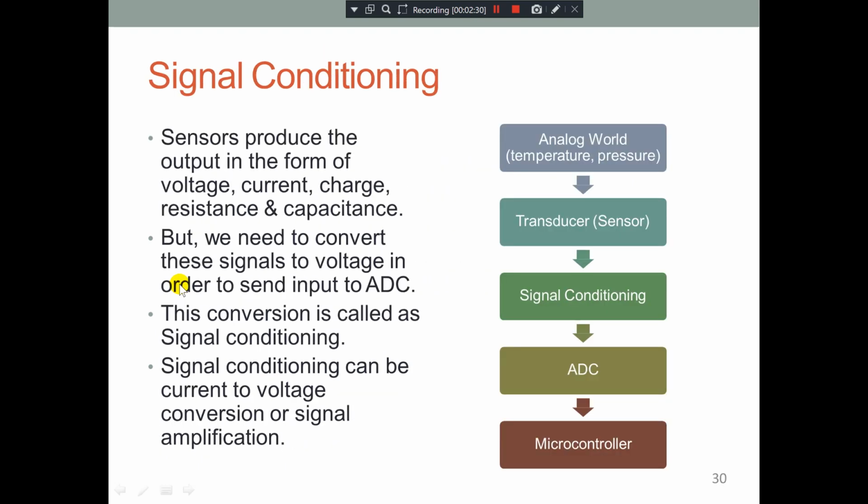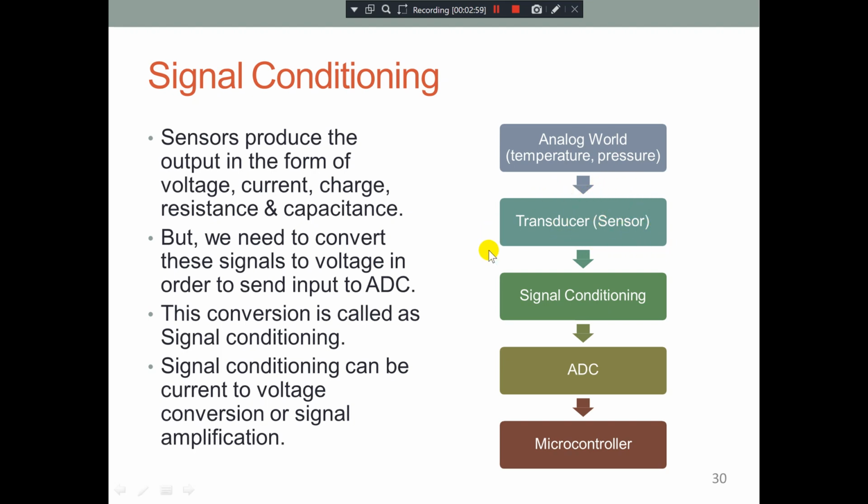Okay. Next, how is it going to happen? What is the procedure or flow? Here is a flow chart. First, there is an analog quantity from an external source. It may be temperature or pressure, whatever it is. The output of that is fed to the transducer, which we may call a sensor.